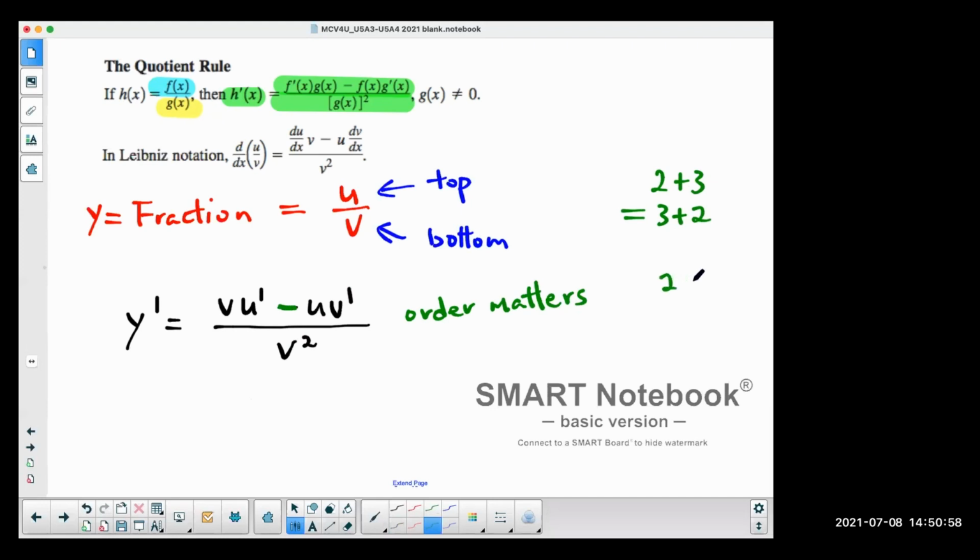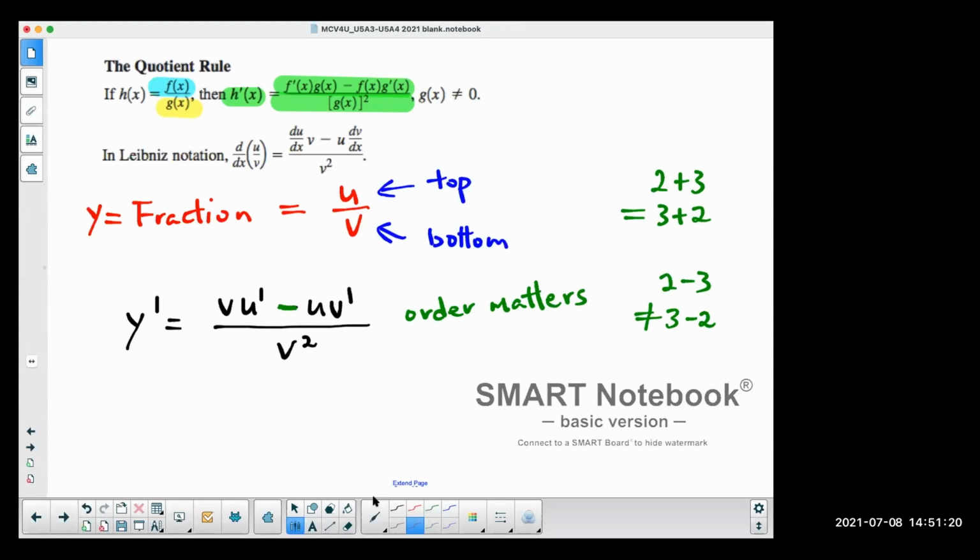But 2 minus 3 is not the same thing as 3 minus 2. So order matters for the quotient rule. And that's the most common mistake for quotient rule: people switch the orders and therefore get the answers that are opposite. Instead of plus 3, they get negative 3.